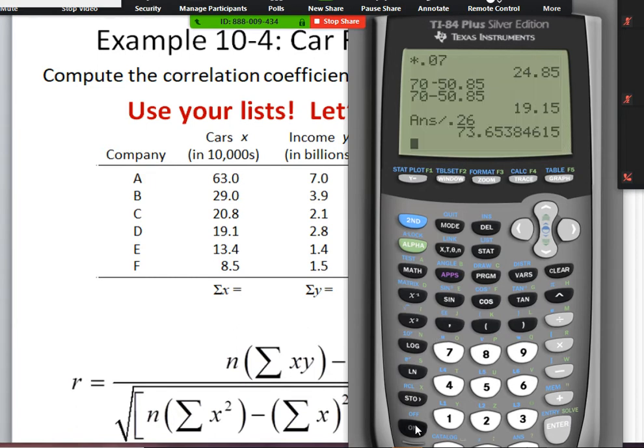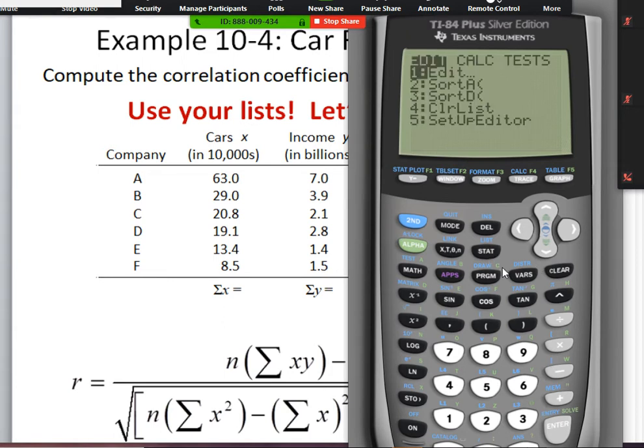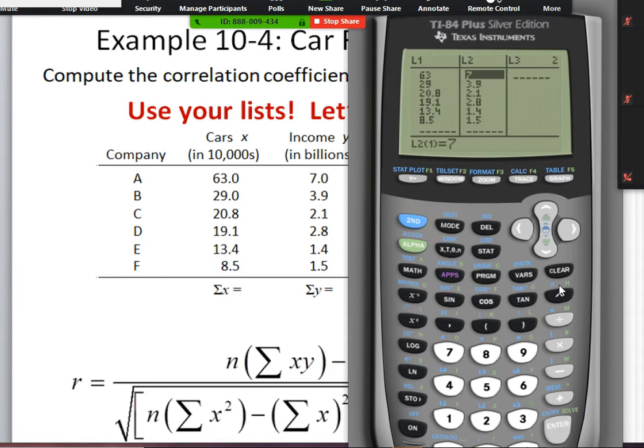So turn it on, and we're going to go to our lists and put this into list 1 and this into list 2. Our x's in list 1, our y's in list 2. So stat, edit. Remember, stat is right here in the middle, and then enter for edit, and then put all of your x's into list 1, and put all your y's into list 2.